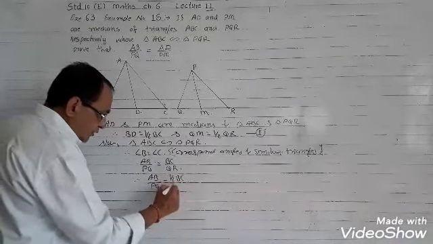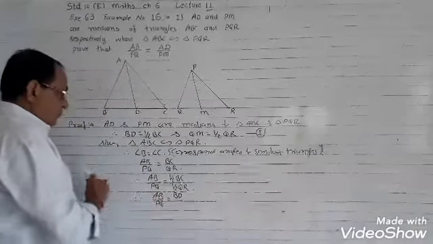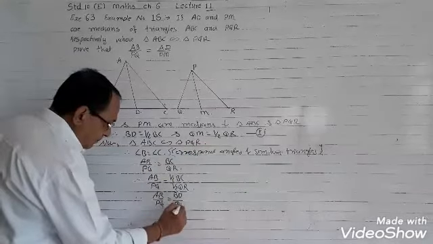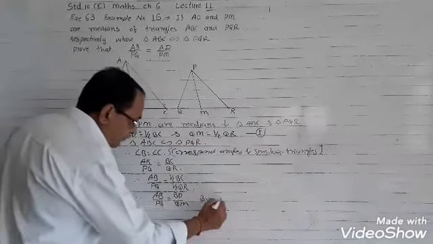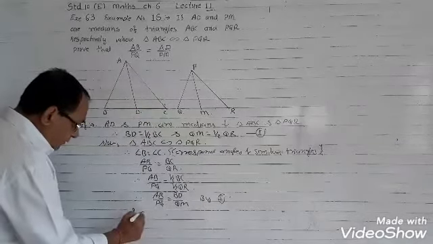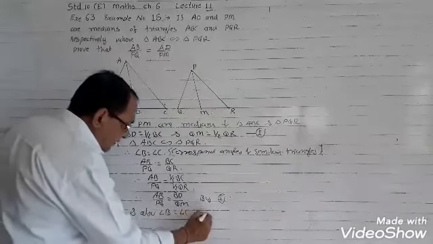Therefore, AB upon PQ is equal to BD upon QM, since 1 half BC is equal to BD and 1 half QR is equal to QM, by 1. And also we have angle B is equal to angle Q.